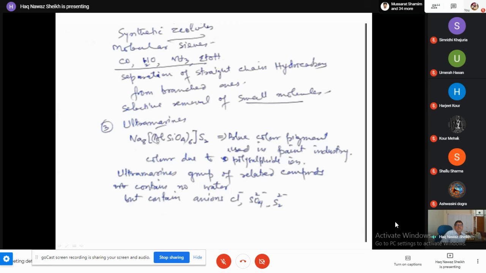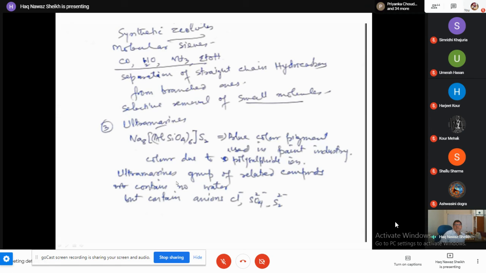So once the 6 silicons have been replaced, you get 6 negative charge on the silicate. That has to be balanced by 6 sodium atoms, and then you have the disulfide anion S2 2 negative. That's again balanced by 2 additional sodium atoms. That's the form. This is a blue color pigment used in paint industry. The color is due to the polysulfide ion.